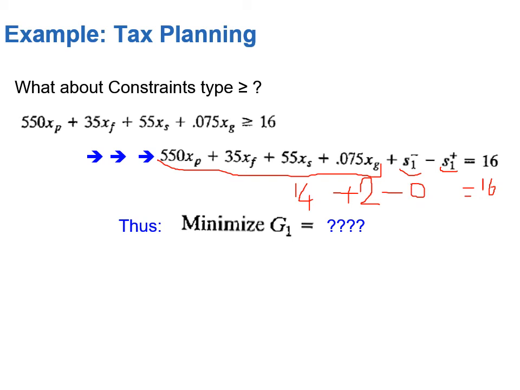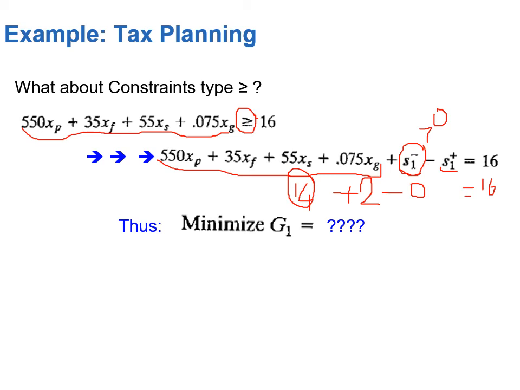Okay, then what happened? Our objective was to exceed this 16. So this part should be greater than or equal to 16. But in this case, it's 14. So we understand that whenever this negative deviation takes a positive value, whenever it is greater than 0, then in fact, we are not satisfying our target.